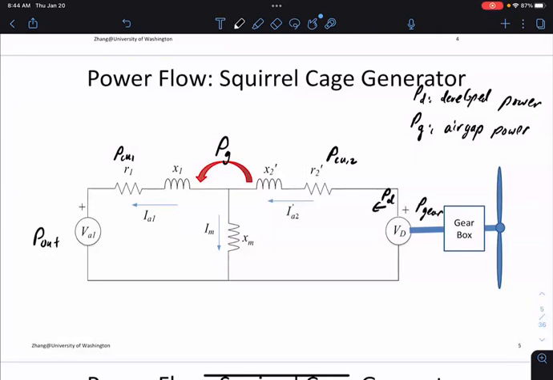So that's a little bit counterintuitive, how an induction generator works. You do want R2 to be not too small, otherwise you'll be very sensitive to the slip.